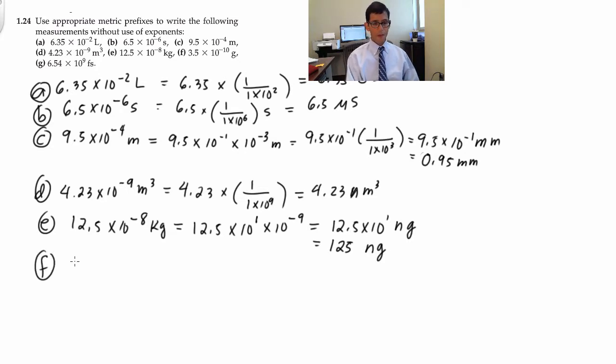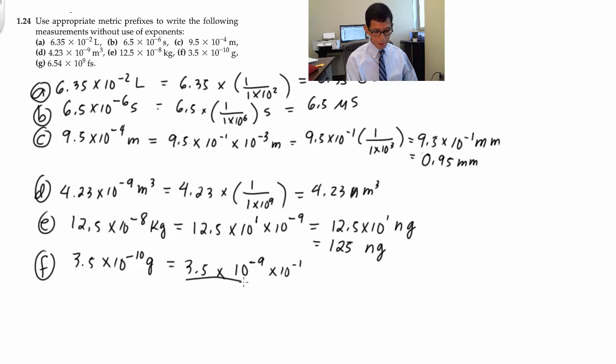Next, F. 3.5 times 10 to the negative 10 grams. Just like with the previous question, we're going to have to break up that 10 to the negative 10. 3.5 times 10 to the negative 9 times 10 to the negative 1. 10 to the negative 9 times 10 to the negative 1 is 10 to the negative 10.